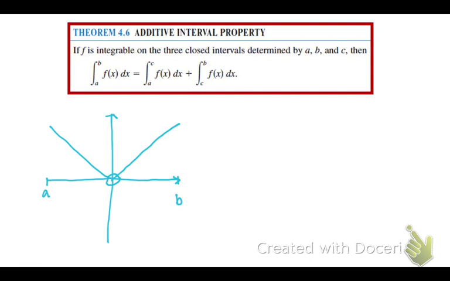Discontinuous. And we cannot integrate something that's discontinuous, correct? Because the thing is there. So instead of going from A to B, we would go from A to 0, which would be our C, and add it to 0 to B, which would make it possible then.